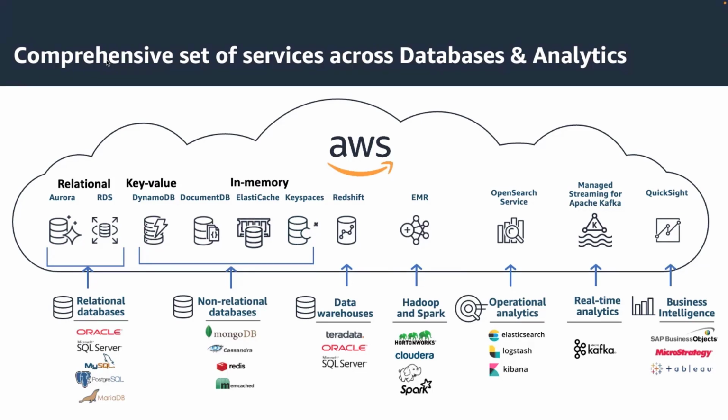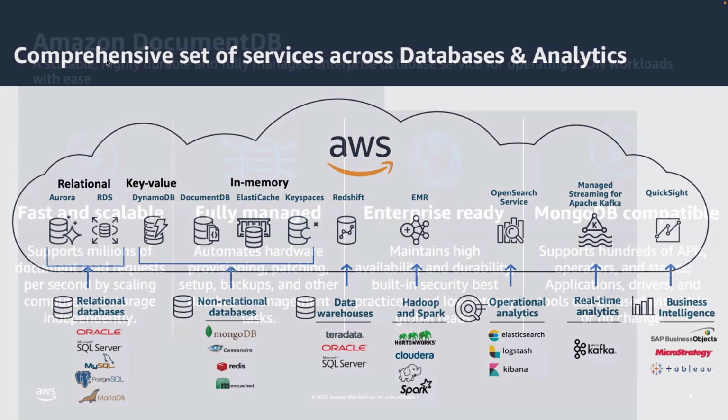For customers wanting to move away from self-managing Oracle, SQL Server, MySQL, Postgres, and MariaDB databases, AWS offers Amazon RDS and Amazon Aurora. For customers wanting to move away from self-managed, non-relational document and key value stores such as MongoDB, Redis, Memcached, etc., AWS offers DynamoDB, DocumentDB, and ElastiCache.